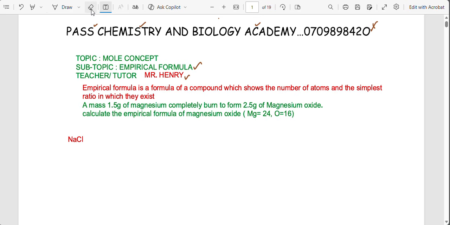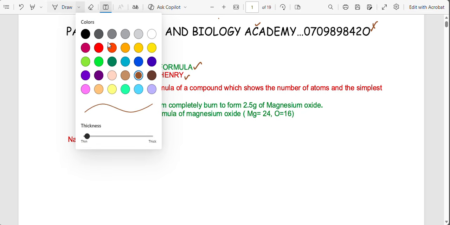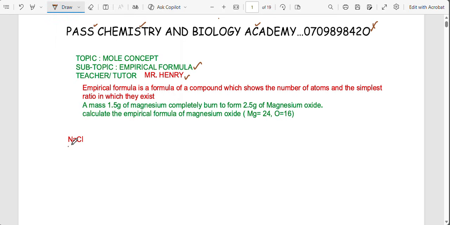Empirical formula shows us the number of atoms that are in this compound. The compound is sodium chloride. So it is going to show us the number of atoms of the sodium that we have here.